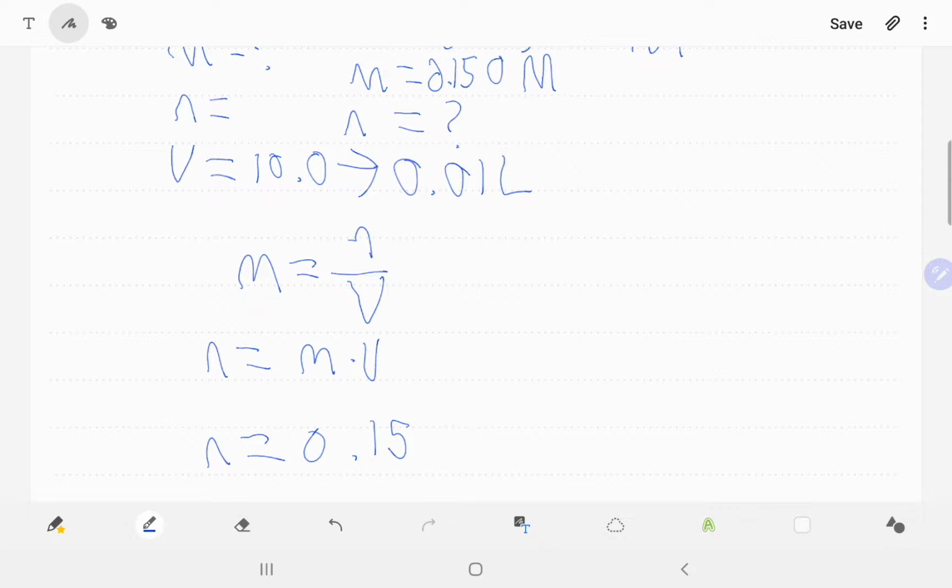And then you'd multiply that by your liters, which would be 0.0159 liters. You would plug that into your calculator and you'd get 0.002385 moles.